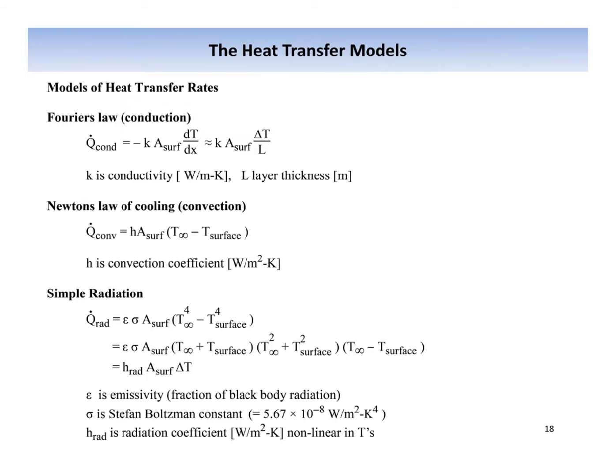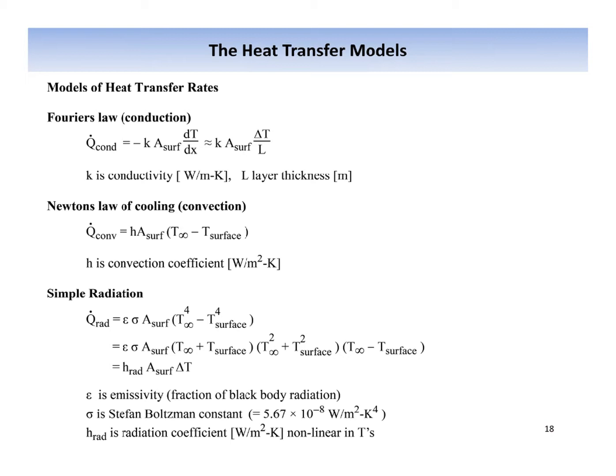Now the formulas for heat transfer because of conduction, convection, and radiation are presented on this slide. We will discuss what K is. K is the conductive heat transfer coefficient.